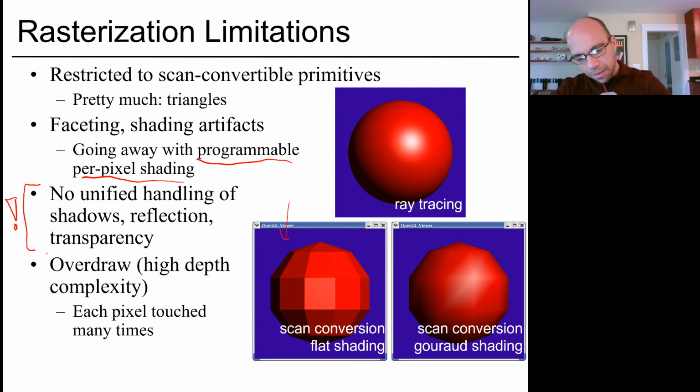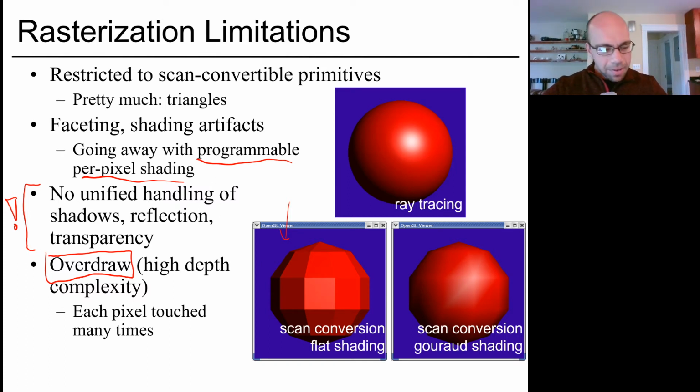And then finally, rasterization often is subject to overdraw. Now, what does that mean? So as a review from previous slides, when we do ray tracing, we send out a ray, and you only actually do the rendering calculation for the closest object.